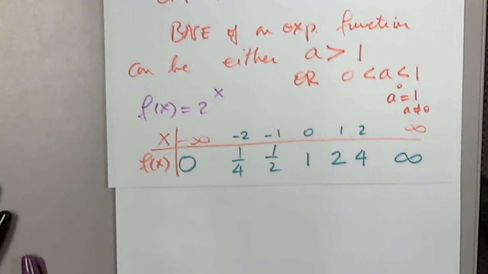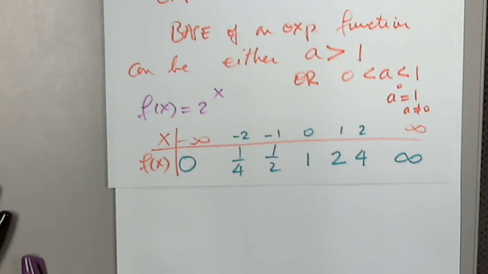Now, when x approaches -infinity and the y values approach 0, what concept is this from the previous chapter? When x goes to -infinity and the y values get closer and closer to 0, what concept is this? What does this function have?